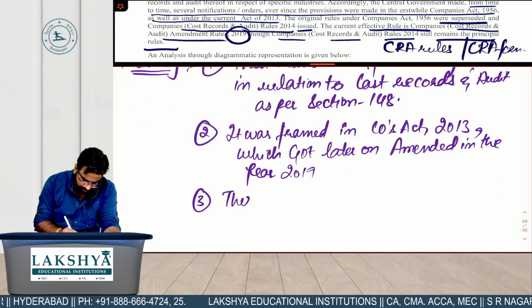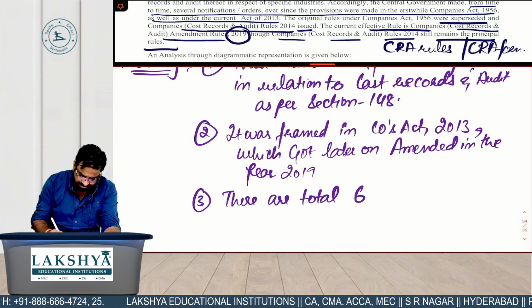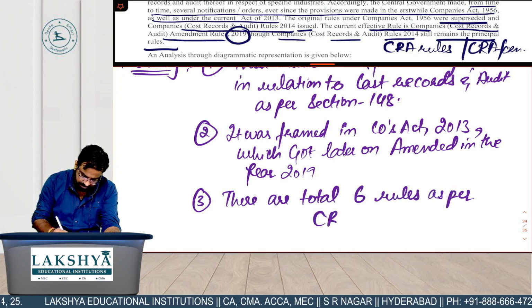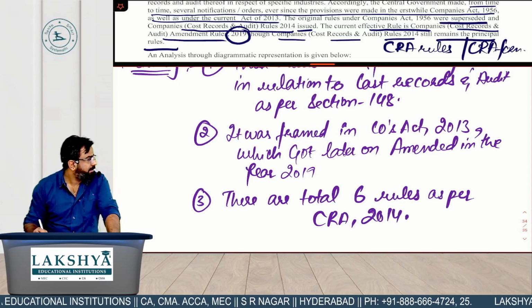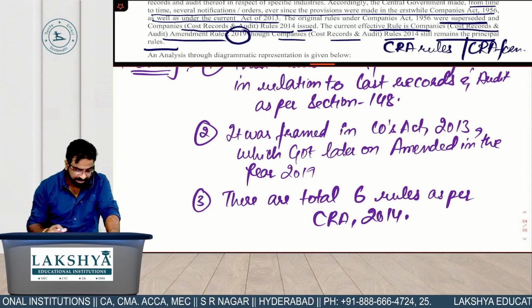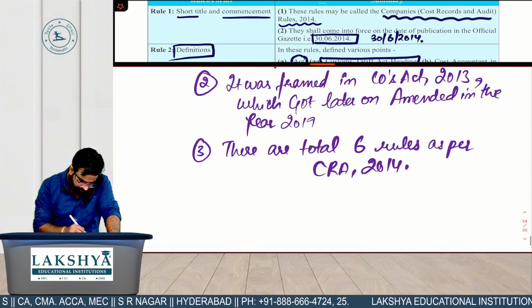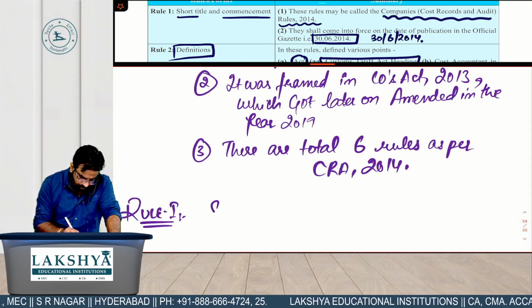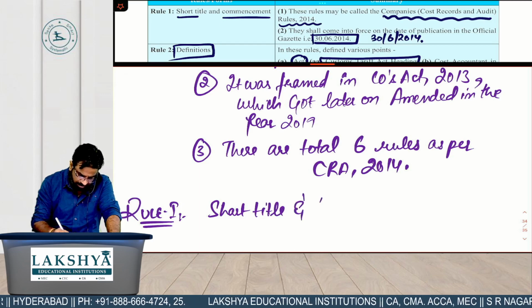Next one. There are total 6 rules as per CRA 2014. Rule number 1, short title and commencement.